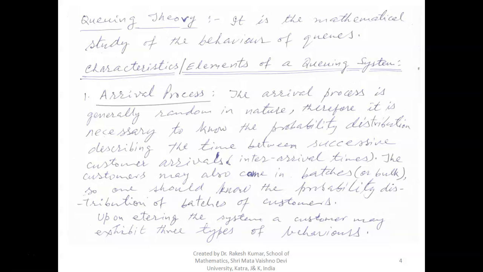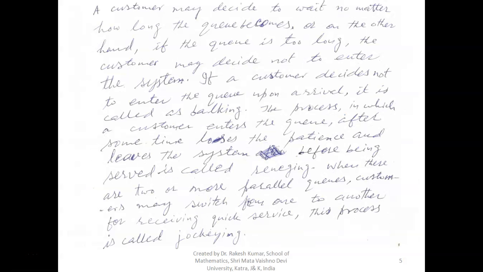Upon entering the system, a customer may exhibit three types of behavior. One is that the customer will remain in the queue no matter how much time it takes for service. In this case we can say the customer is quite patient.